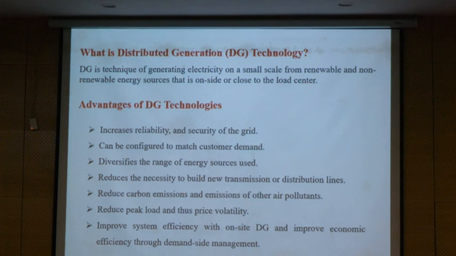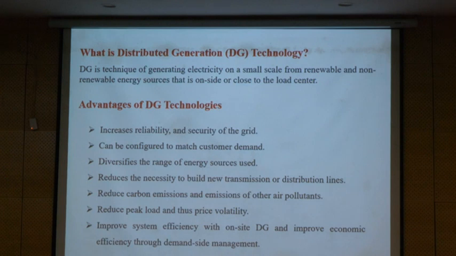Just one example. Assuming you have a company with nonlinear loads, this nonlinear load is a combination of active power, reactive power, and harmonics. If you connect your load to the grid, the distribution company sends a fine, and you should pay a penalty because you request reactive power.